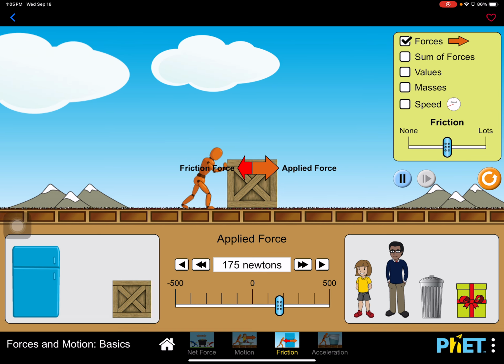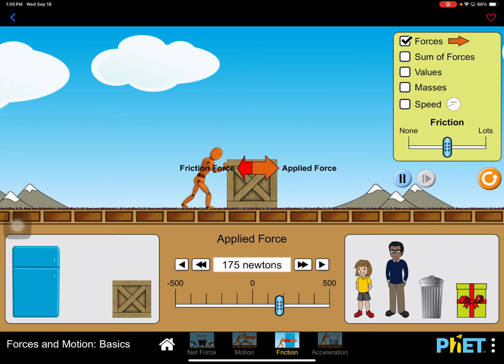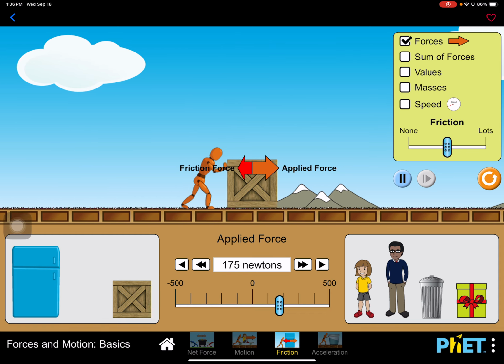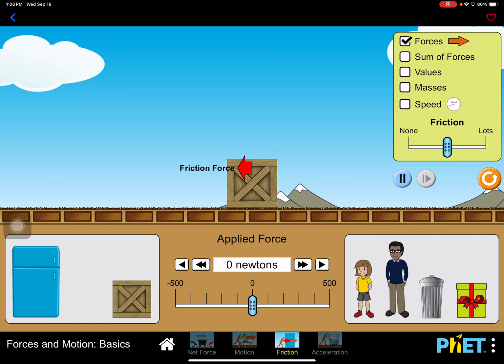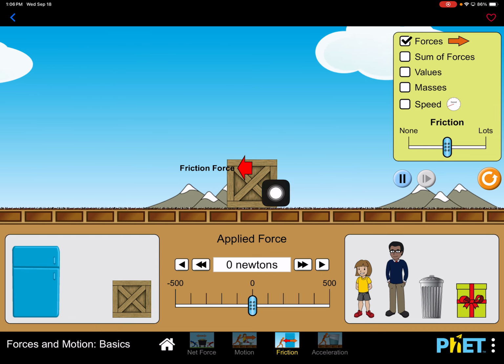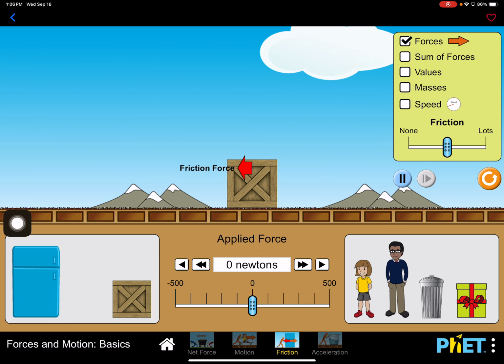I have a question. So will it be this new force minus the maximum original static friction force? The net force is the applied force minus the friction force.